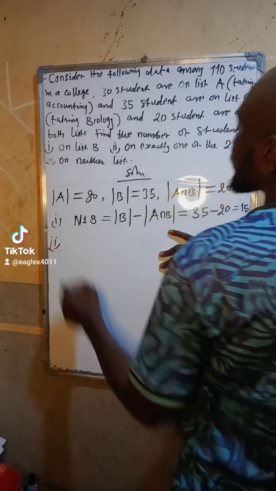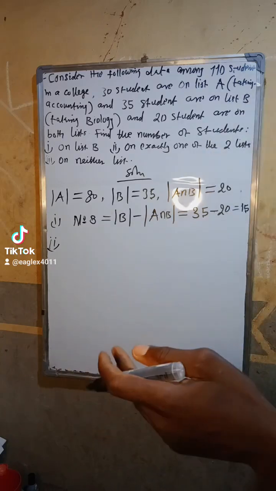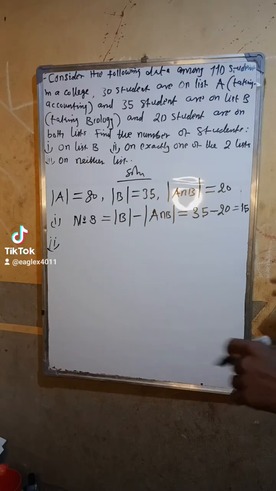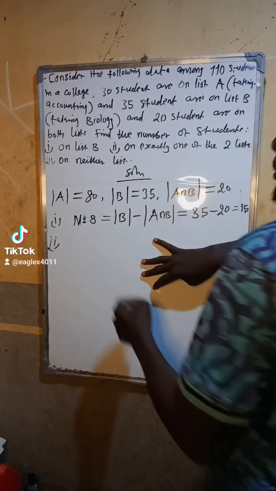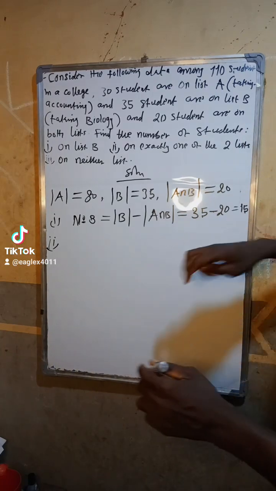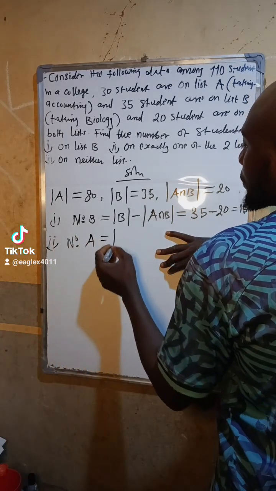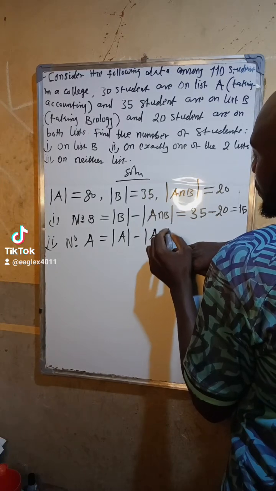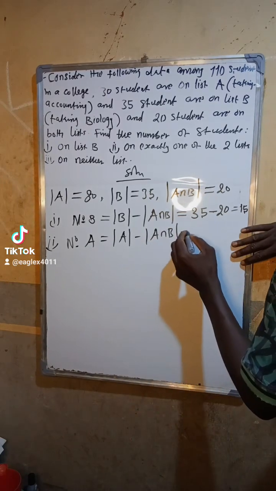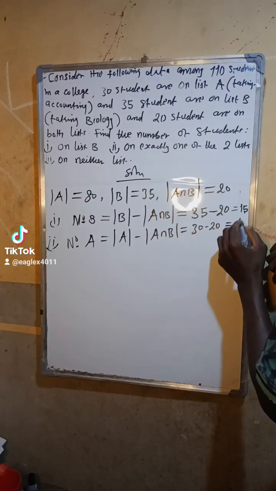And the second one, it says on exactly one of the two, which means those that are taking accounting alone and biology alone. That is, they do not intersect. Let's calculate for A, since we have the number of students that are taking B only. This is going to yield the total number of the students in A minus the intersection, which is the same thing as 30 minus 20, which is equal to 10.